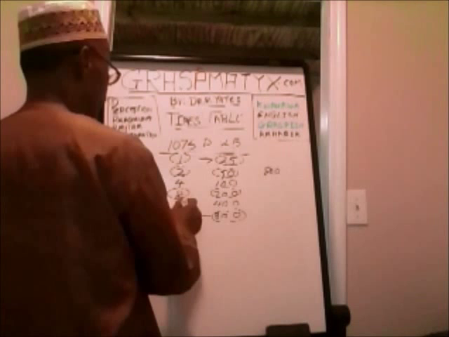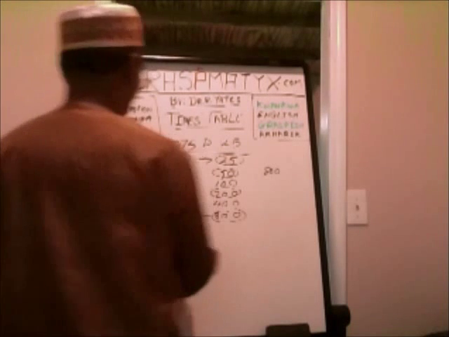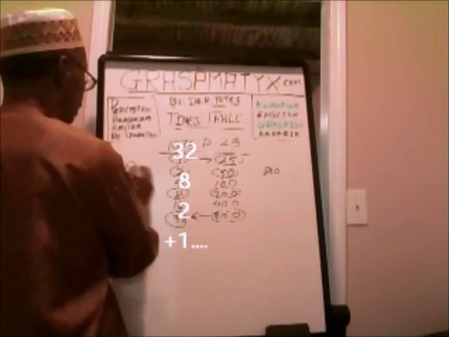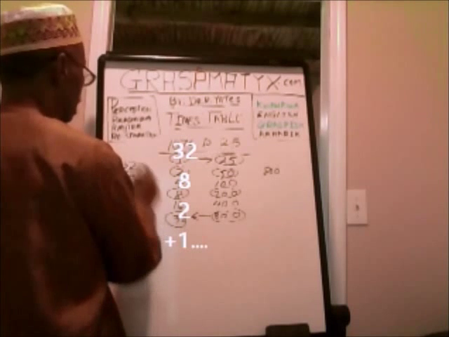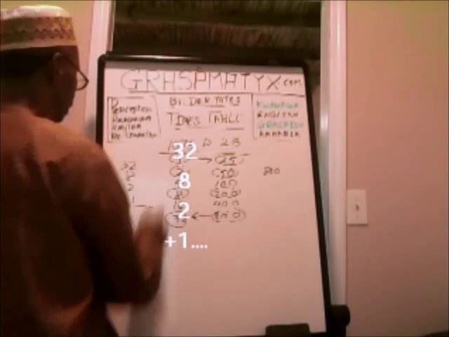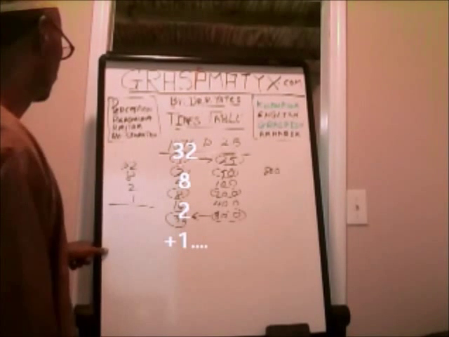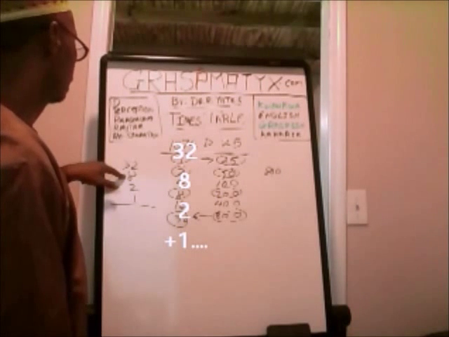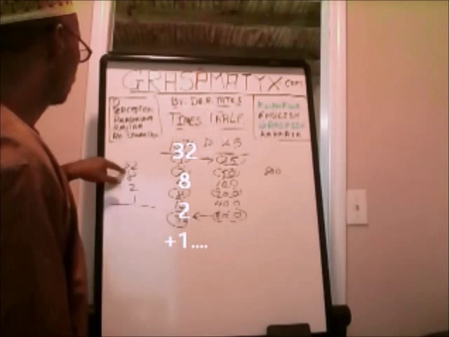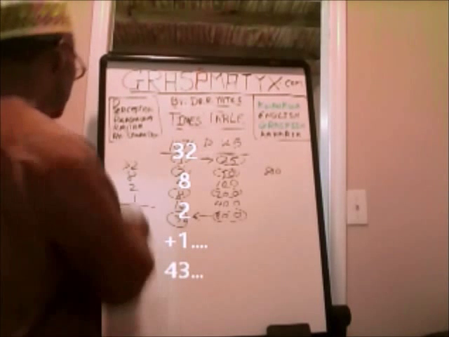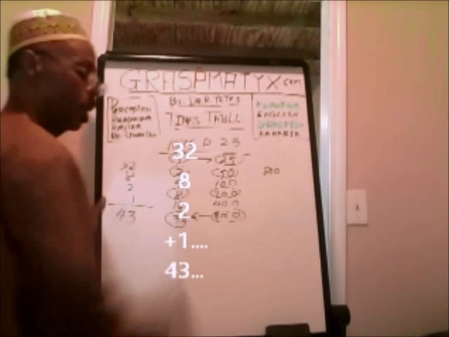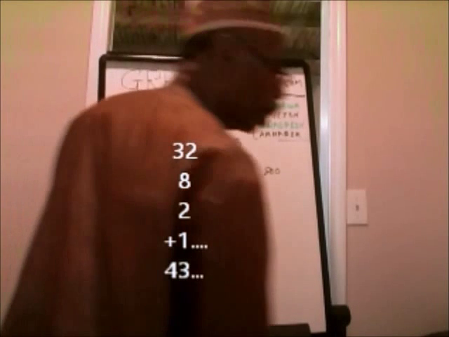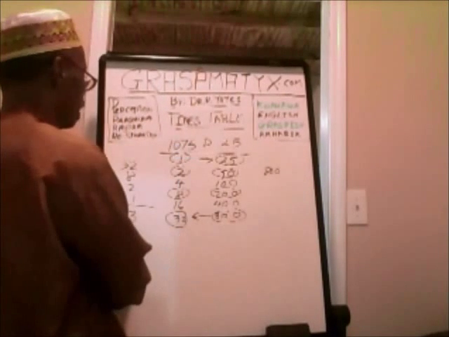Here I get this. I'll add this first. 32 plus 8 right here plus 2 plus 1. What will be the total? Well, this will give me 43, right? I'm sorry, 40 plus 3, 43. That's what that would give me. It'll give me 43 here.